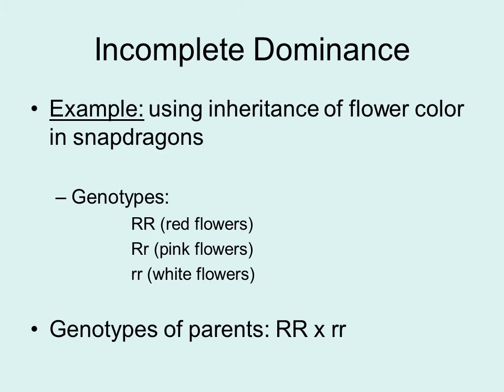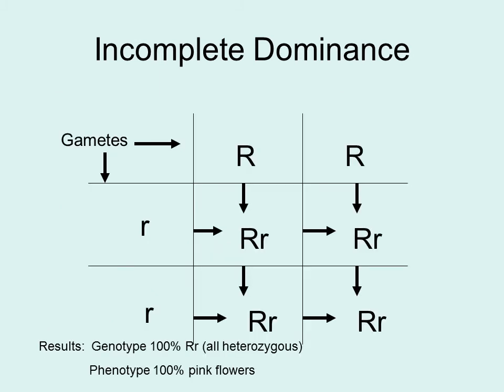So if you cross these, the offspring are going to be big R, little r. What does that physically look like? Well, it's going to be a combination of the red and white. And think of it this way. You mix red and white, what's halfway in the middle? It's going to be pink. And that is what you classically will see.